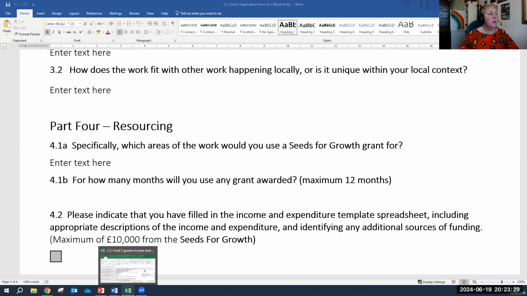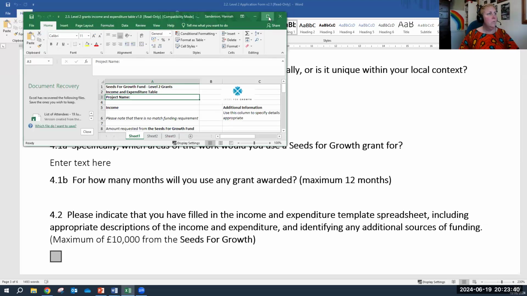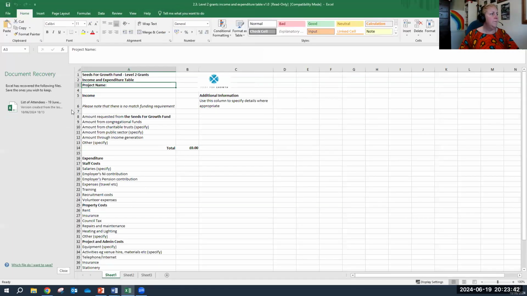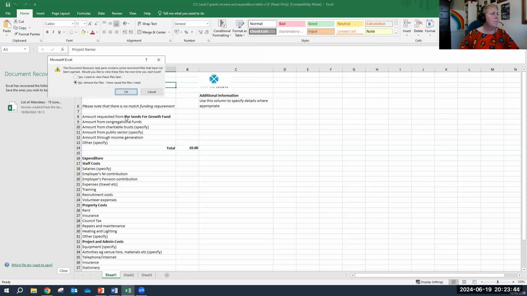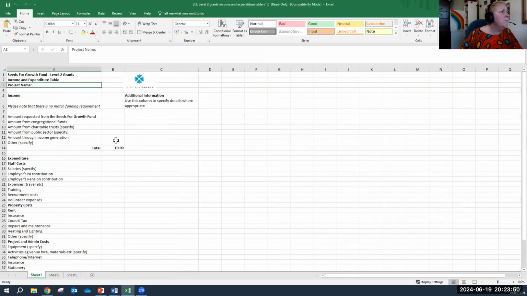What you'll see when you get sent the application form, you get sent the guidelines, you get sent an extract minute template, and you get sent this, which is, let's see if I can make that bigger for you.